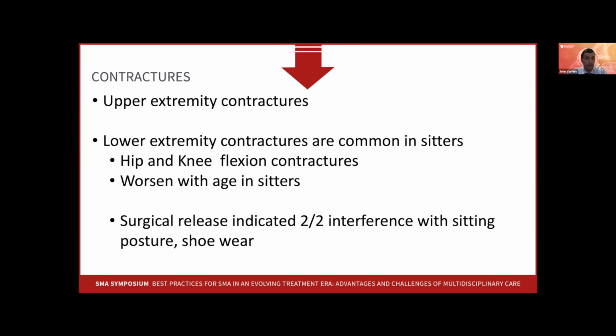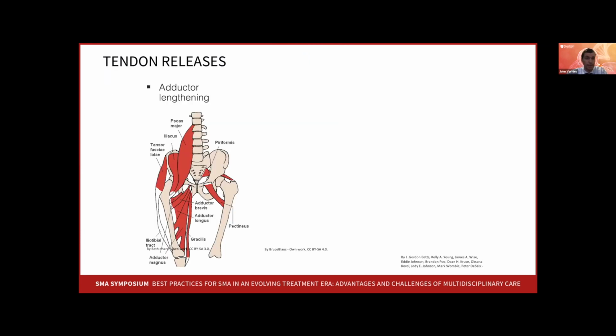So what do we do to treat these? Well, typically what we're doing is tendon releases. Very rarely do we have to do more than that, like a joint capsule release. For the hip, the tendons that we're usually targeting can be gotten percutaneously. So we're talking about percutaneous adductor tenotomies in the groin to improve hip abduction and allow for improved perineal care. And then sometimes with a hip flexion contracture, we might do a release of the psoas tendon to allow the hips to extend further.